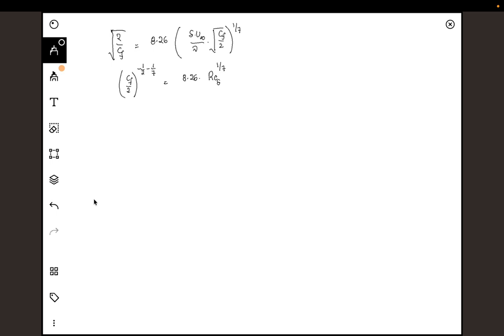Did I miss something? Okay, there is a square root of... so this will be minus 1 by 14. So what this will be is Cf by 2. So I have 7, 8 by 14, which is 4 by 7, right?